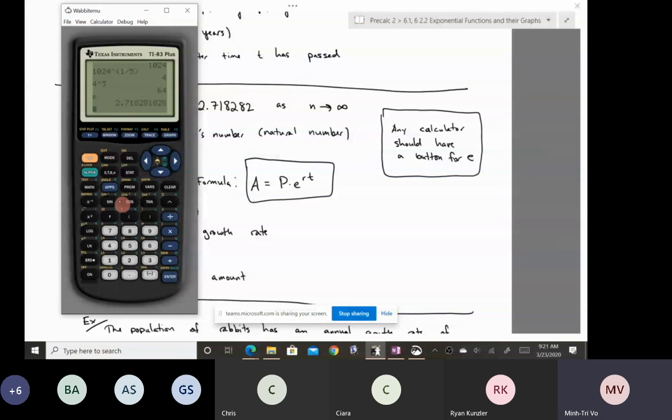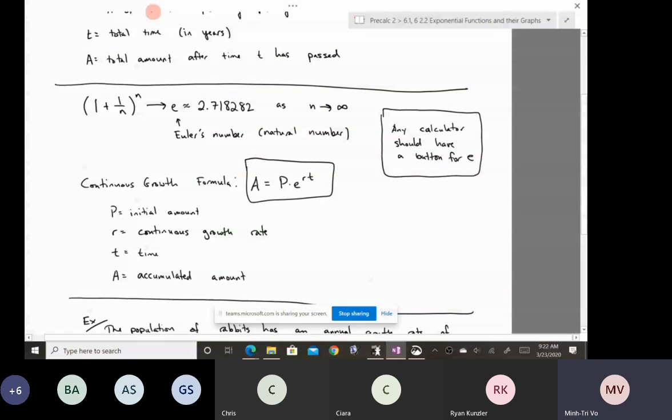The other way to get E is as the exponential function. Above the ln button, there's e to the x. This is when you need to raise e to some power. If I want e to the first power, which is just e, you get the same thing. So if you just want e by itself, it's this button, and if you want the exponential function, that's above the ln button.